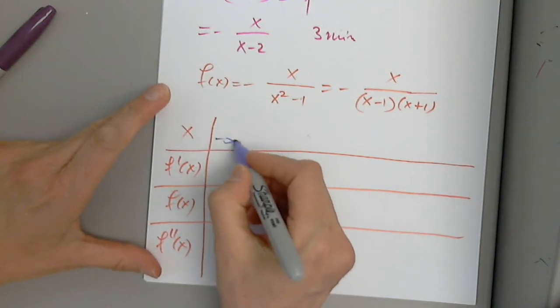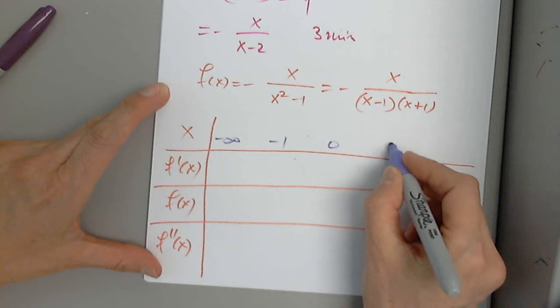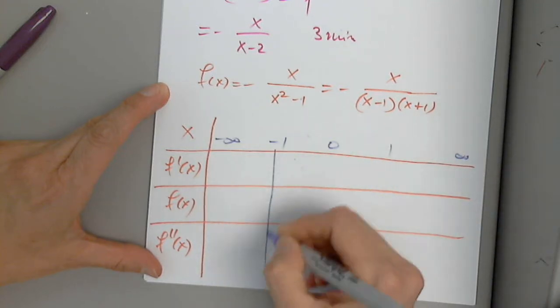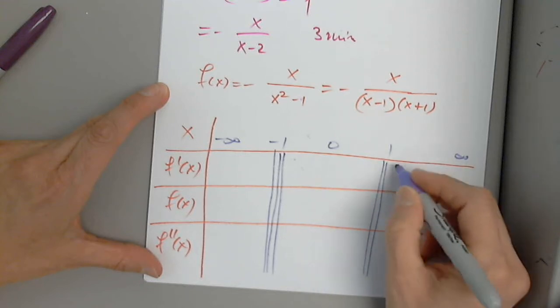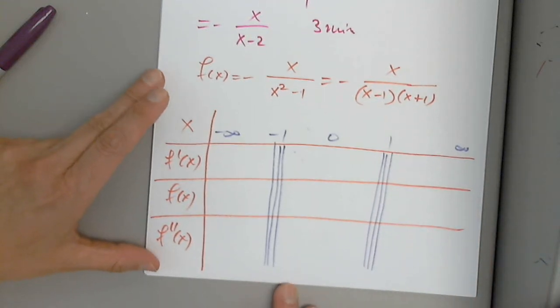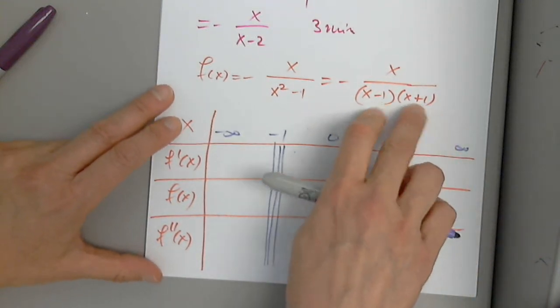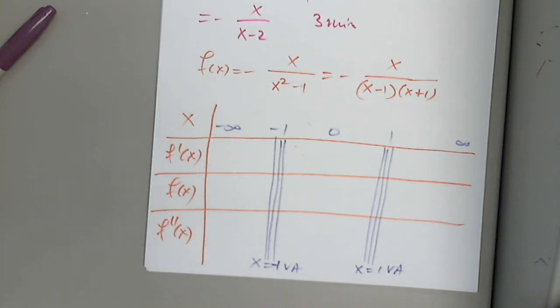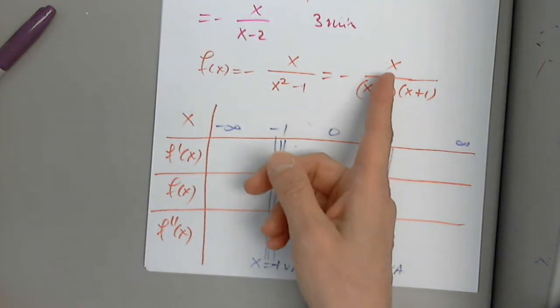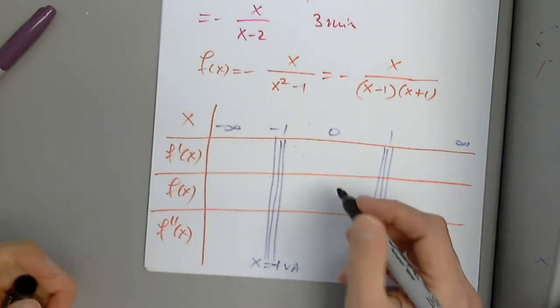Last time you already gave me negative 1 and 1 as the domain restrictions. These two factors stay, so x equals negative 1 is a VA and x equals 1 is a VA. If you remember, when we plug in 0, we do get 0.